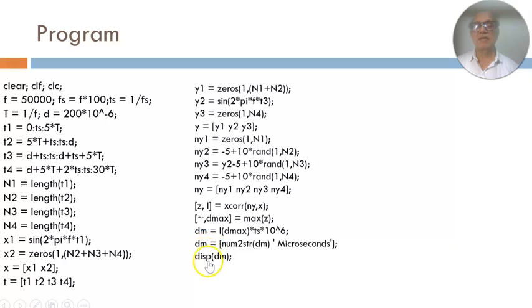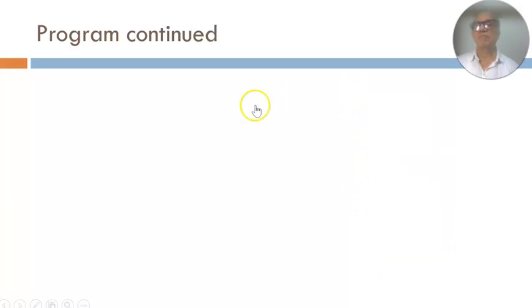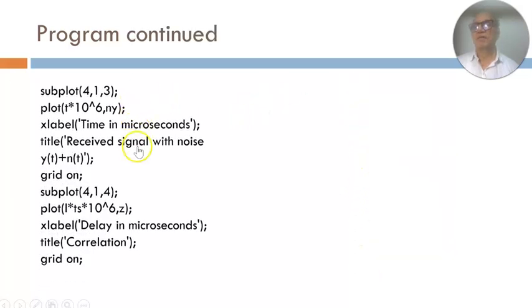Then these couple of statements are used for displaying this delay. Then you plot all the waveforms. That is straightforward; we have discussed all the plotting statements before. All the rest of the statements are for plotting, so you can just go through them and I'm sure you will understand what we are doing.